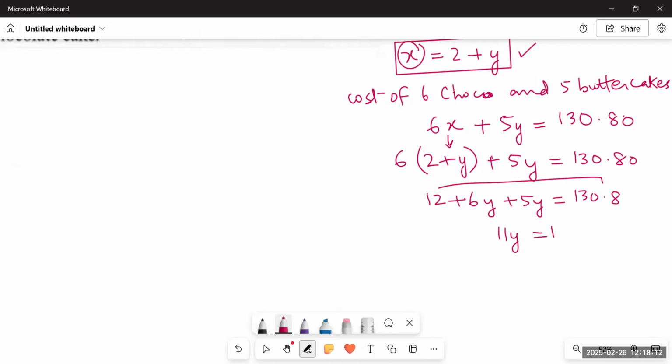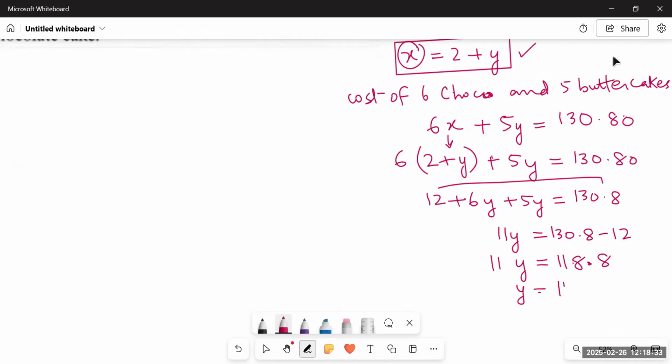It becomes 130.8 minus 12. And now when we subtract it, we will get the answer as 118.8.